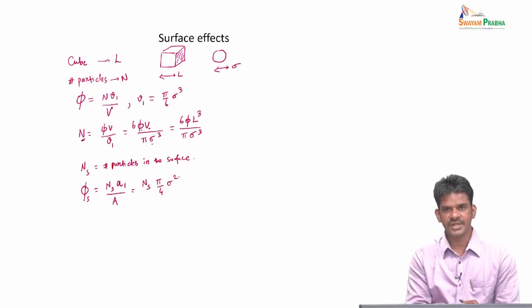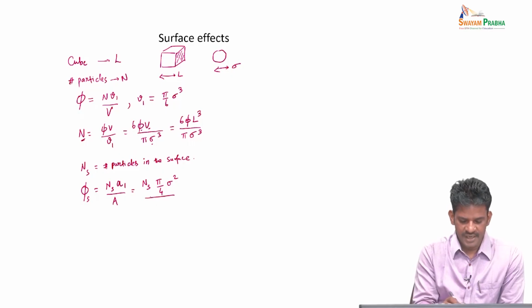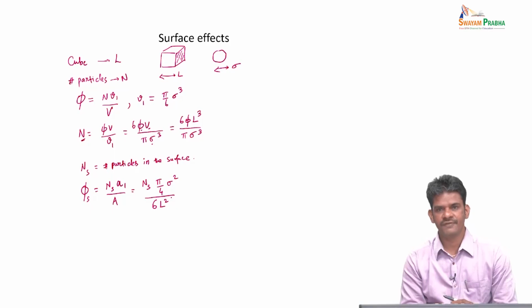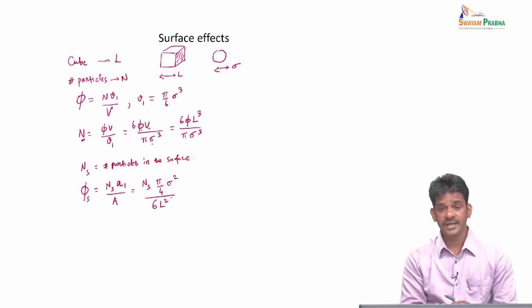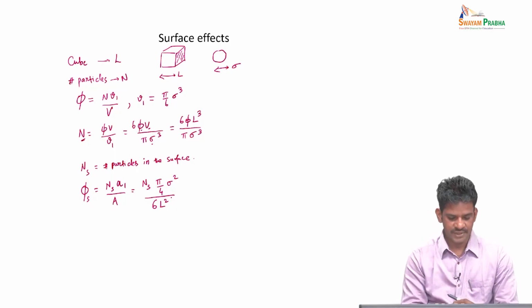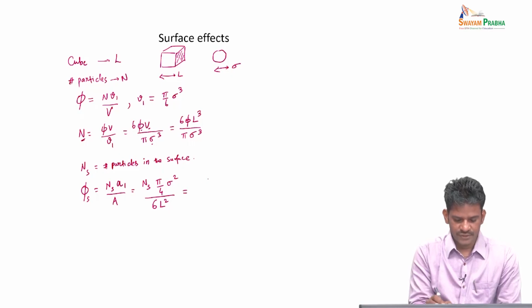Okay, so that's a cross section area that I'm using. And then this capital A here is nothing but 6 times L square, because there are 6 faces of area L square. So when you simplify this, you get pi by 24 NS sigma square by L square.